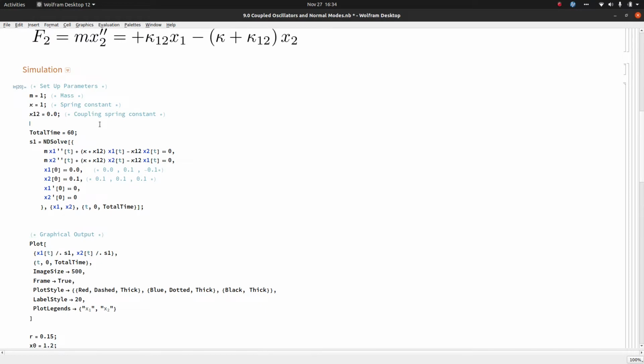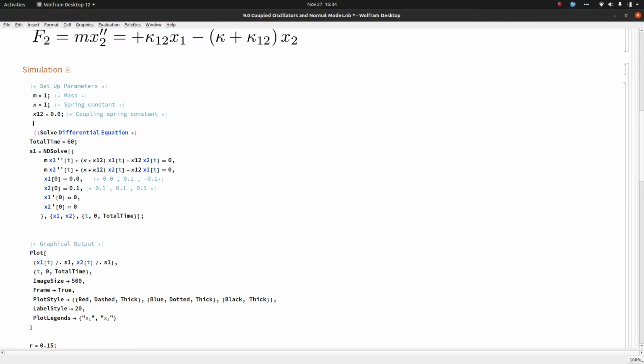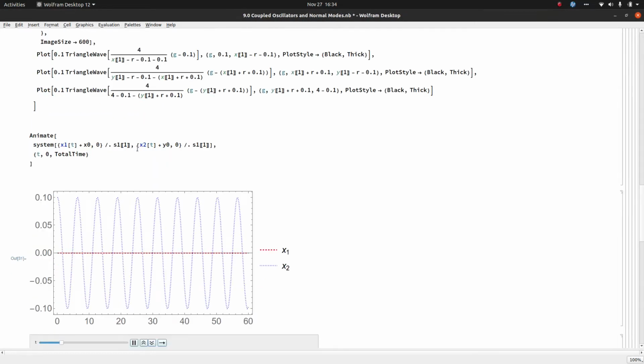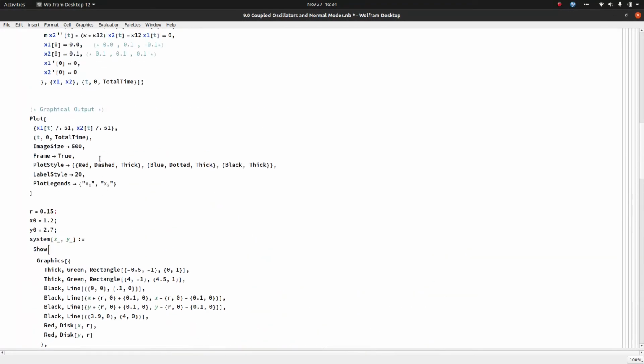So let's go ahead and solve our differential equation, get our graphical output. We'll do that. And you can see, oh, I forgot to point out our initial conditions.